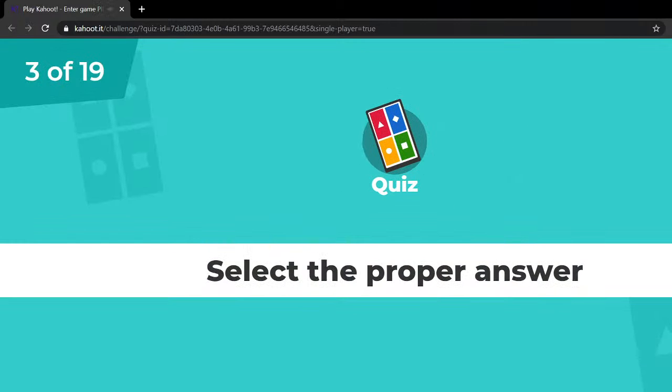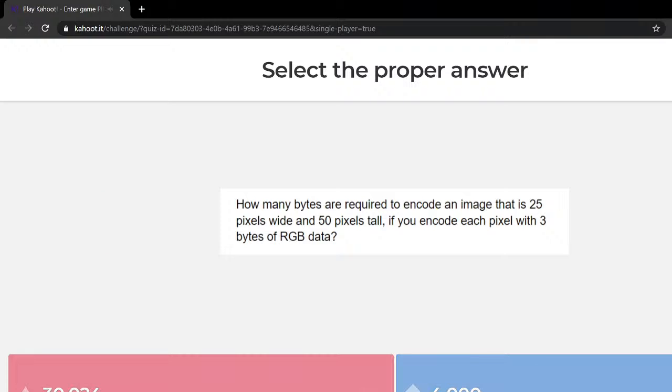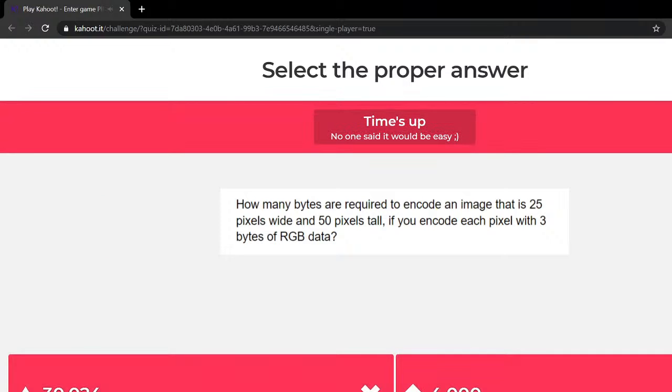All right, next question. Select the proper answer. How many bytes are required to encode an image that's 25 pixels wide and 50 pixels tall if you encode each pixel with 3 bytes of RGB data? So you're going to multiply all of them together, and then remember there's metadata.